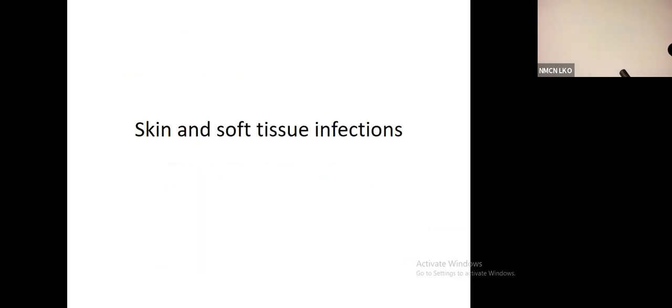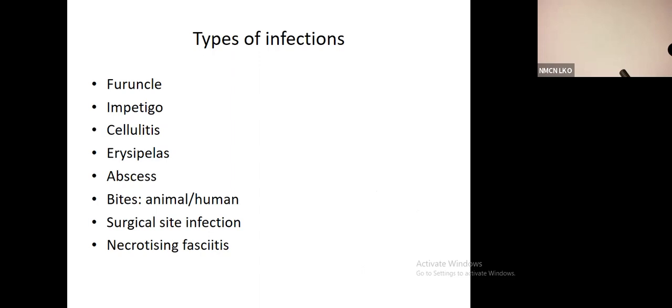So from there, leaving aside all the other gram positives, we move to staph, or we look at it as skin and soft tissue infection, right? So what are the common skin and soft tissue infections? Impetigo, folliculitis, cellulitis, abscess, bites. They are also important. Surgical site infections.